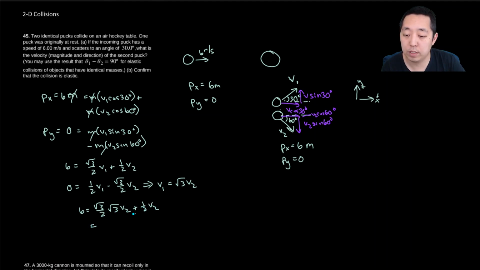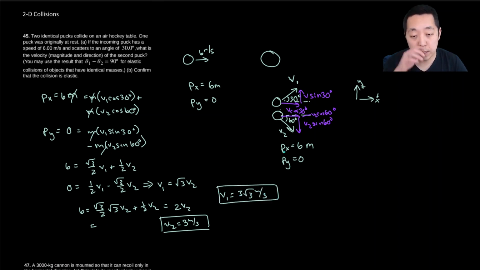That's 3 halves V2 plus 1 half V2, which is 2 V2. So V2 is equal to 3 meters per second. And then V1, what do we have? Root 3 times root 3 meters per second.